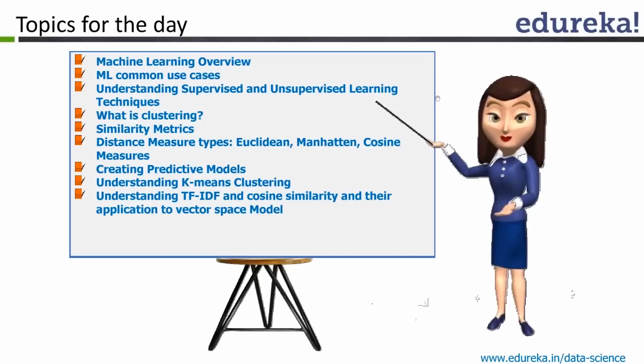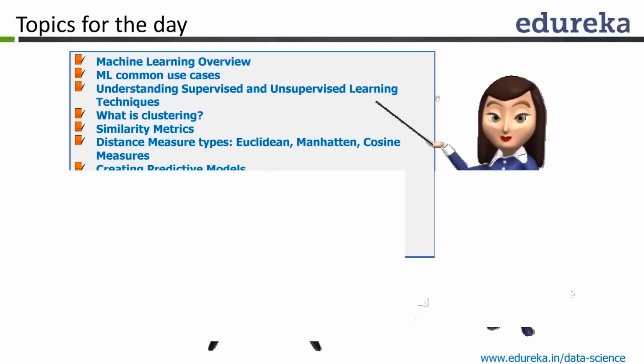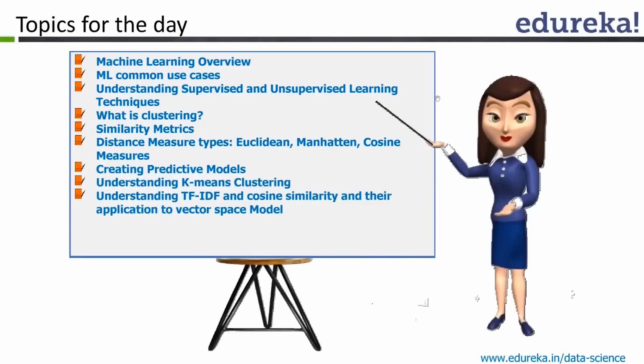So in the course, we will touch several important methods which fall into different categories of algorithms. That way you get a sense of all classes of algorithms under the machine learning umbrella, and hopefully that gives you some flavor as to when you can use certain classes of algorithms.